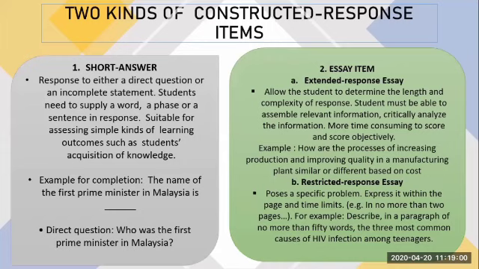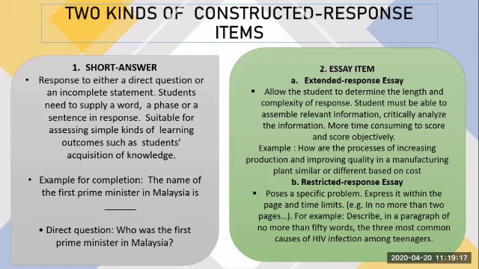Two kinds of constructed response item. First one is short answer. Second is essay item. The first one, short answer, responds to either a direct question or an incomplete statement.